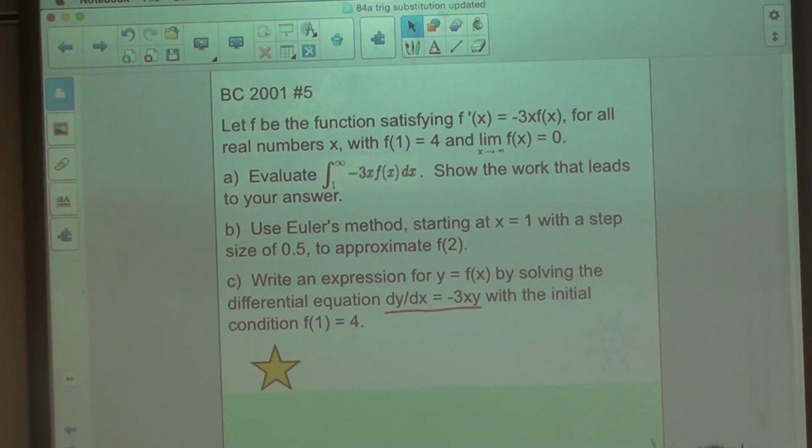Well, in all honesty, Miss Price, I was also in stats here last year. I know the steps to it, but how would you integrate negative 3x? Alright, how are you guys doing?